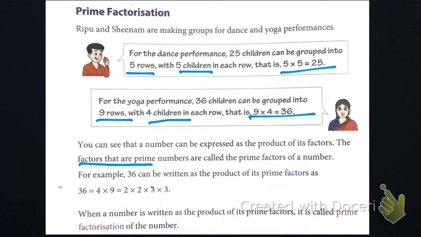For example, 36 can be written as the product of its prime numbers.